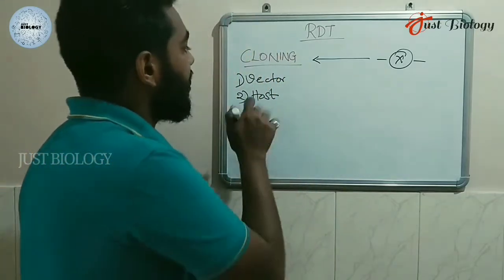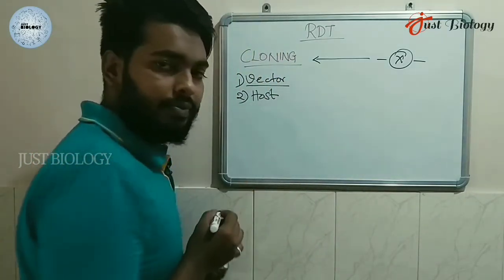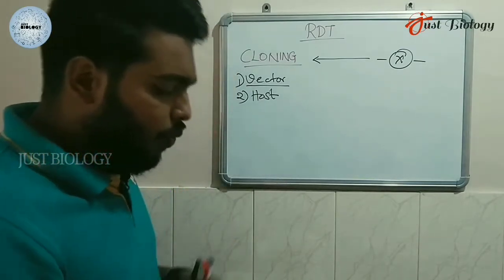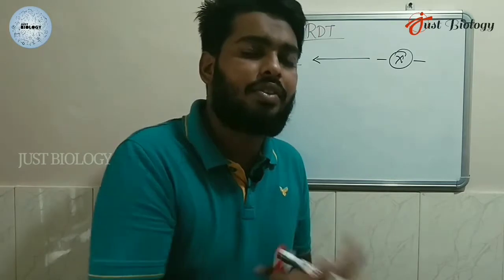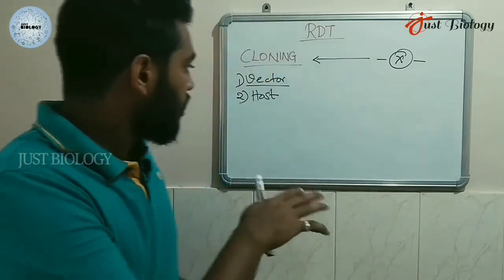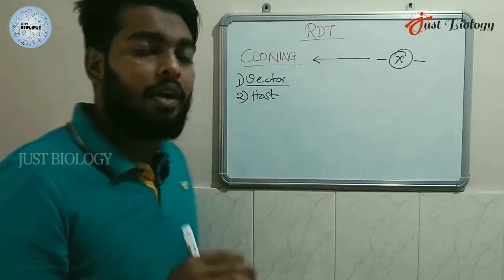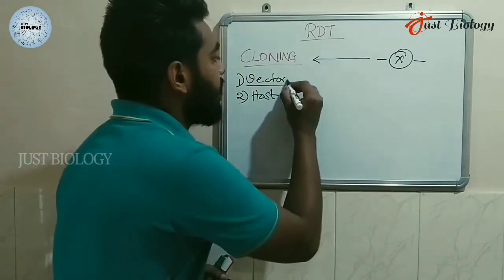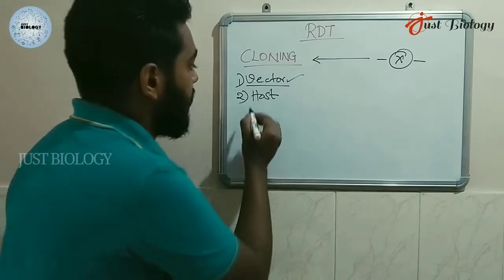Those things are referred to as vectors. Then what is the host? The cell to which we transfer the DNA is known as the host cell. The cell which receives the vector is known as the host cell.